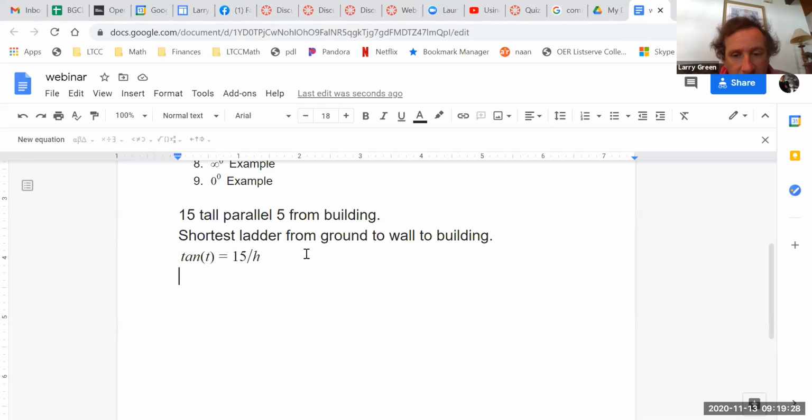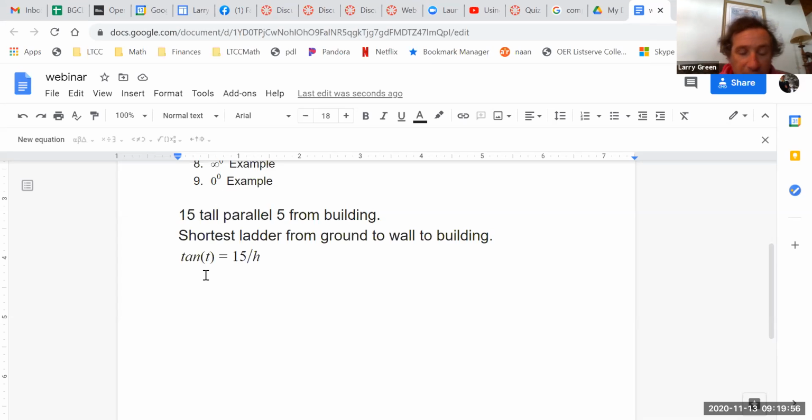No, wait, what needs to go to 5? The fence is 5 feet tall. The fence is 15 feet tall. Right. Oh, it's 5 feet away. Sorry, I got the picture wrong. 5, 15. There we go. Okay, so the fence is 15. Yeah, so theta, 15 over h.